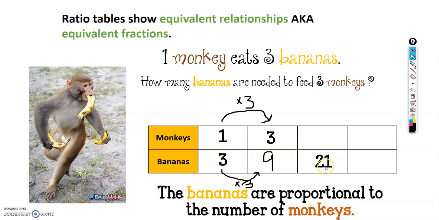What if I have 21 bananas? How many monkeys can I feed from 21 bananas? That's a good question, and I hope you're following along in your notes here. I'm going to see, can I go from 9 to 21? I can't, can I? That's going to be kind of tough.